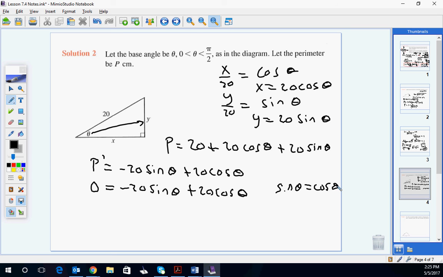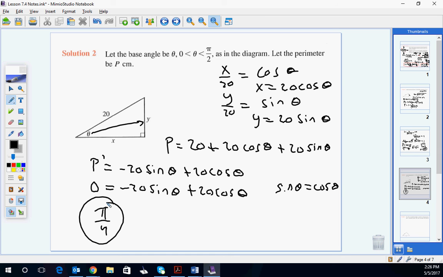So where on the unit circle are they equivalent? 45 degrees, pi over 4. Okay. All right, so pi over 4 essentially would be the maximum value in terms of plugging it in.